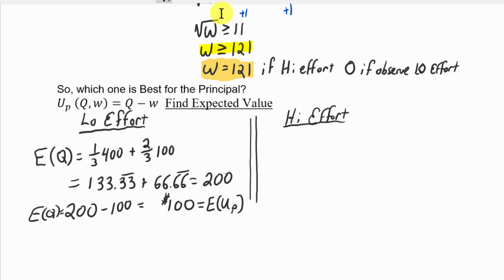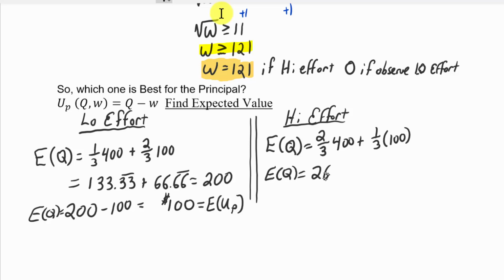Now, what if we paid this person to provide high effort? We're going to pay them $121 if they provide us high effort, and they will. The agent's not going to want to risk earning 0 if we see them providing low effort. Similarly, the expected value of our output is going to be now 2/3 chance that we get the high output, 400, plus a 1/3 chance that we get the low output, 100. So that expected value of the output is equal to 266.66666 plus 33.33333 equals $300, dollars or euros or whatever we have here.